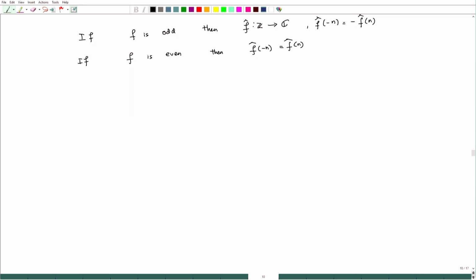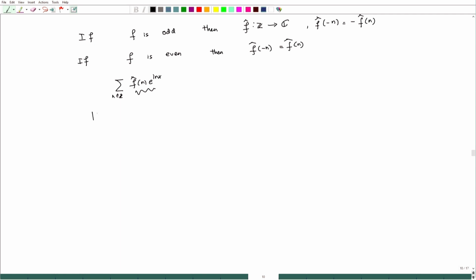Now, for the convergence, the least we ask for, because we want this to converge, is that this has to be bounded. If there is a function f for which f hat of n is not a bounded function, then there is absolutely no question of the convergence of this series.